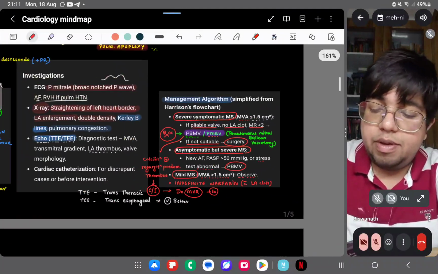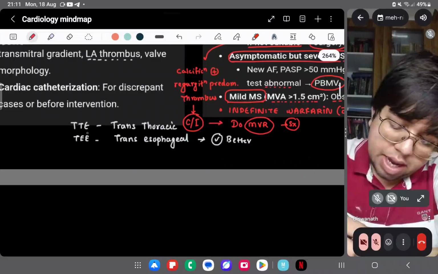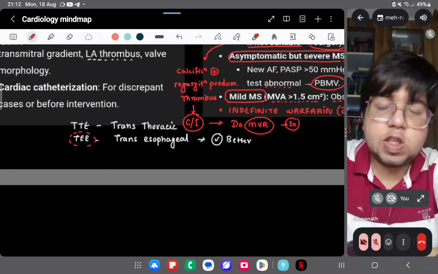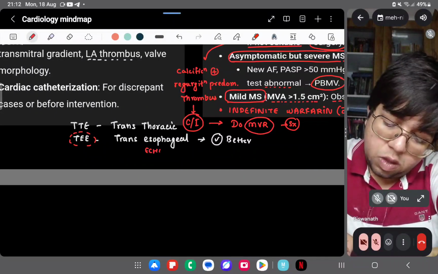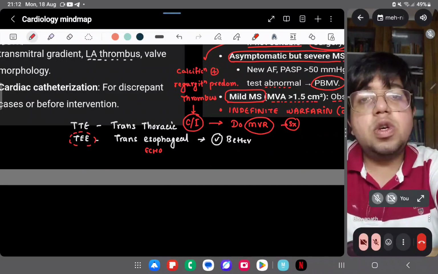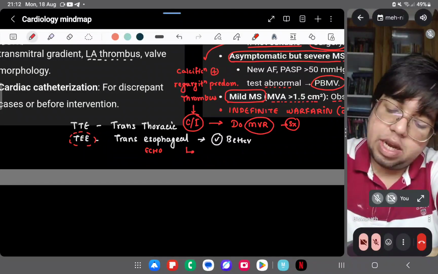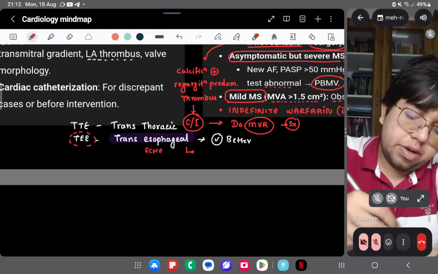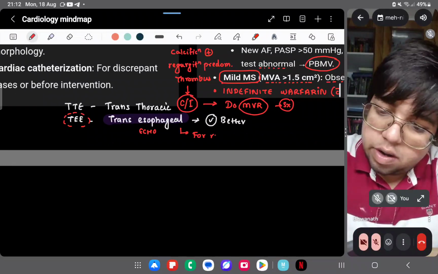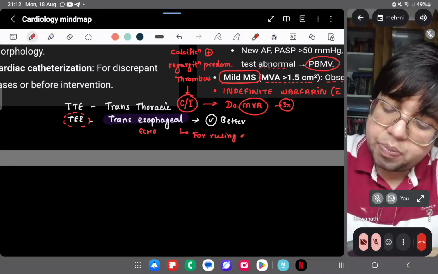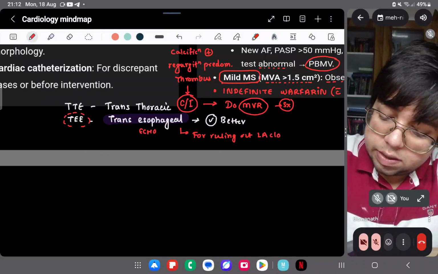And before PBMV, every patient must be analyzed via TEE, that is transesophageal echo. Transesophageal echo is done, and this transesophageal echo is best for ruling out LA clots.